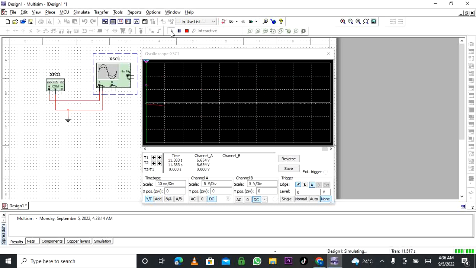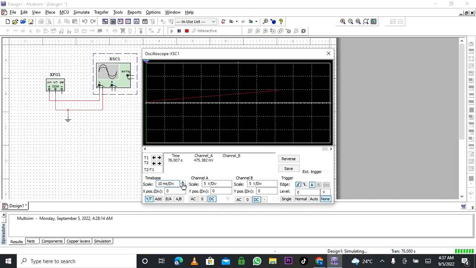So just going to go over the function generator. In the time base section, we can change our time scaling.